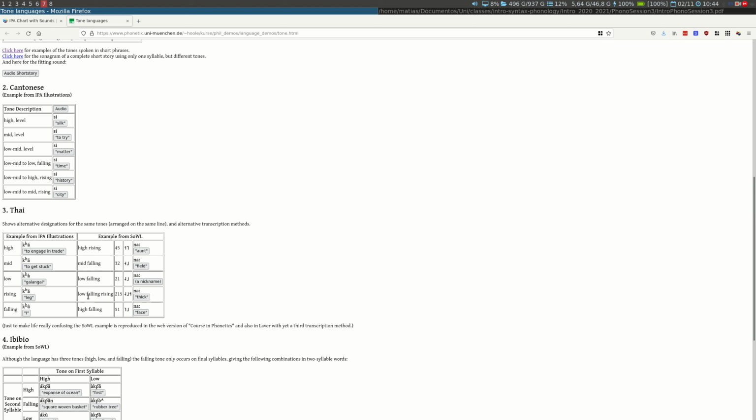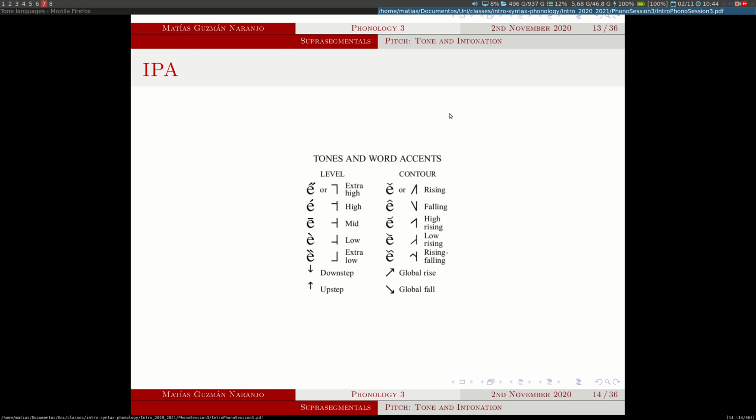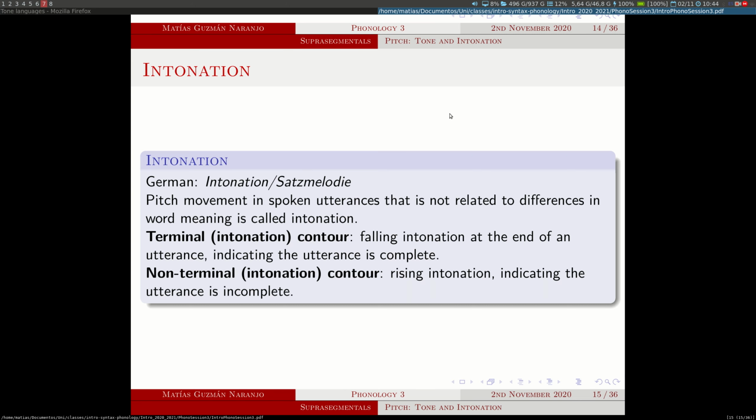And you can have more complex contour tones. For example, from low falling raising, right? Na. It falls and then goes back up. Okay. And intonation is about pitch changes in the whole utterance and not just a word, and they do change the meaning of the utterance.